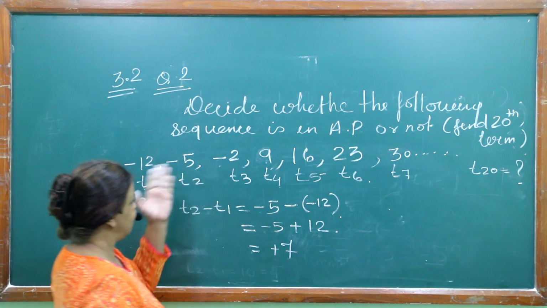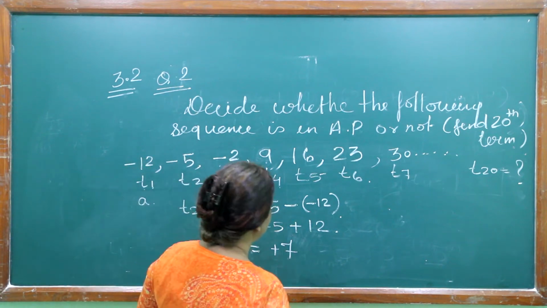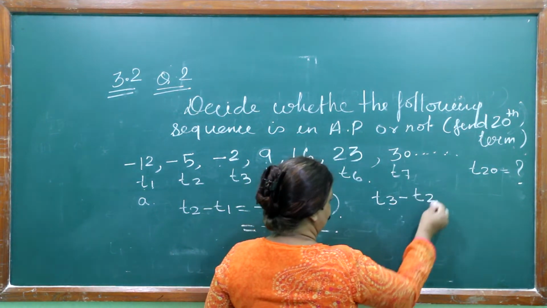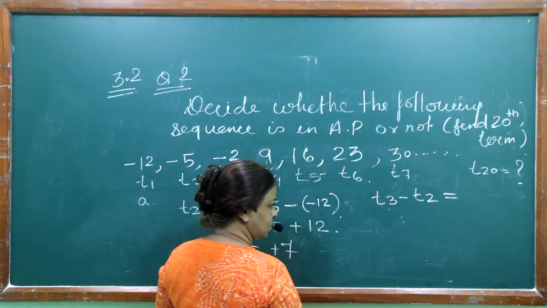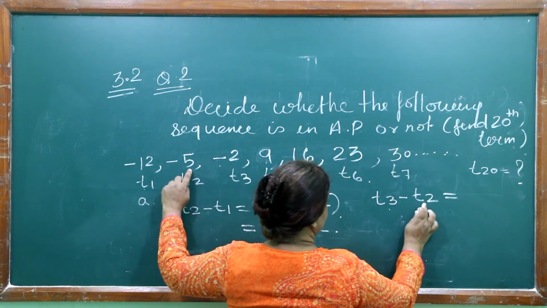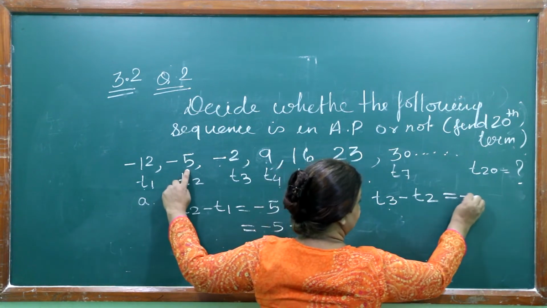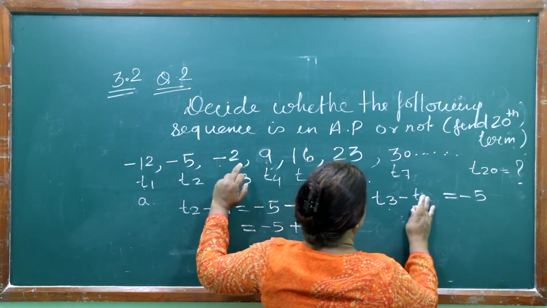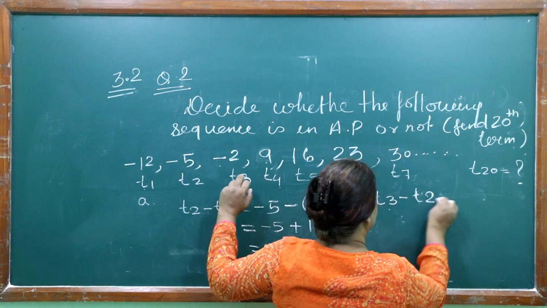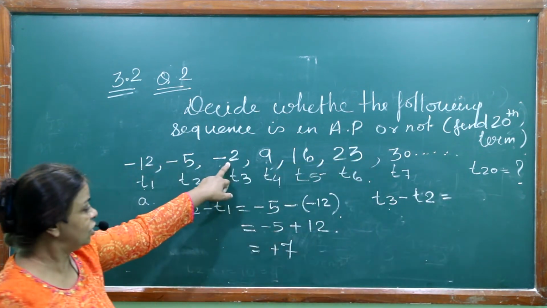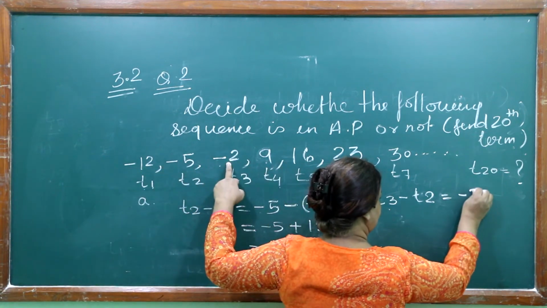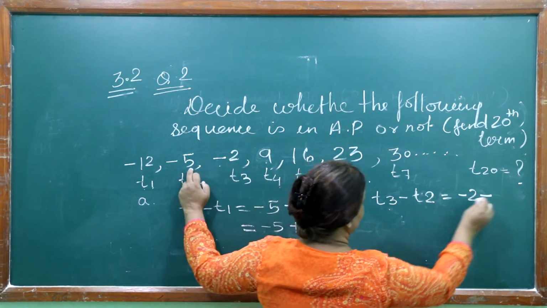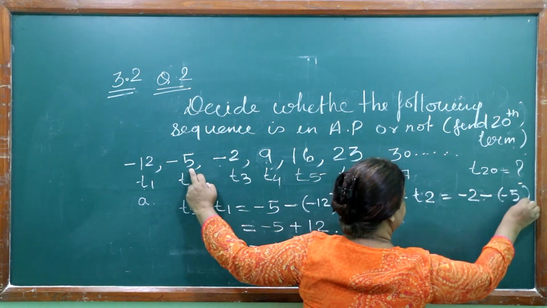Let us go for T3 minus T2. T3 is minus 2 minus T2, minus 5.